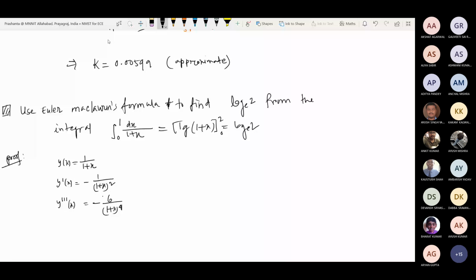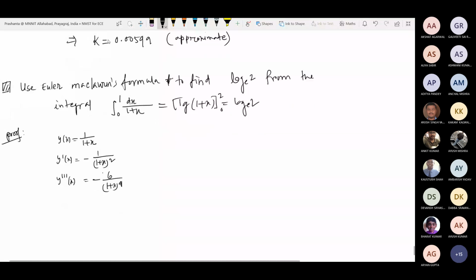Three will be too few, do not do 3. If we take 3, we will only be considering 0.5 in the middle, so the function's behavior will not be properly captured by those data points. So at least let us create 6 data points from 0 to 1 at 0.2 interval. So what will be the value of the integration then?